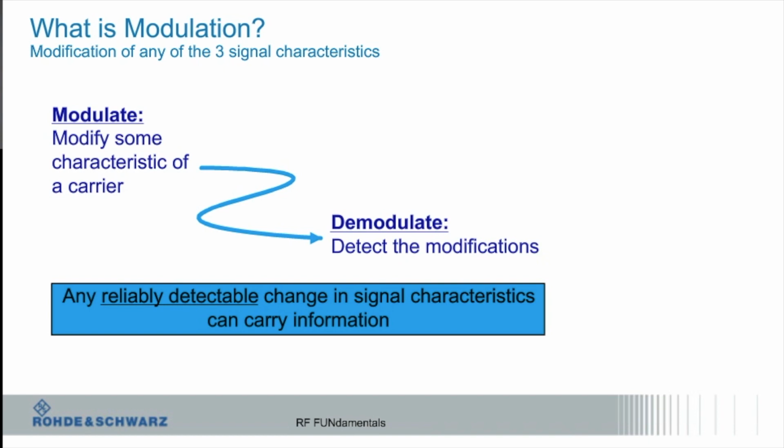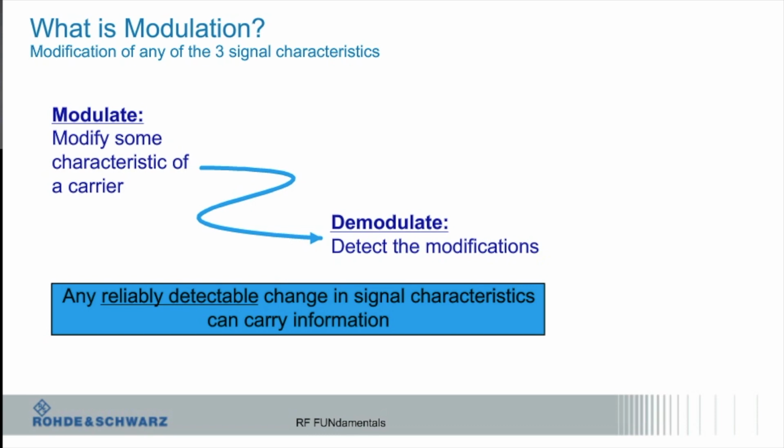Basically, we want to send information from one place to another. So we're going to put some perturbation on these characteristics of the sine wave to send it over some medium, and then we're going to take that information off and do whatever we want with it.